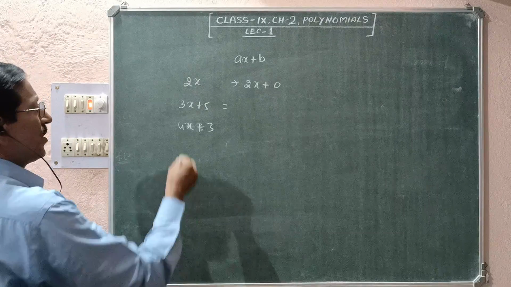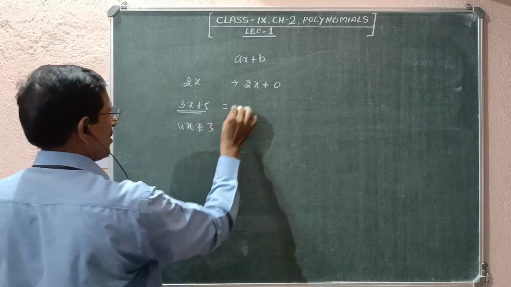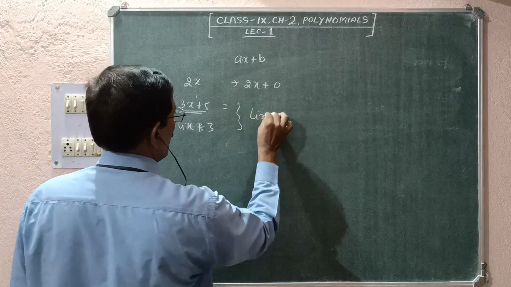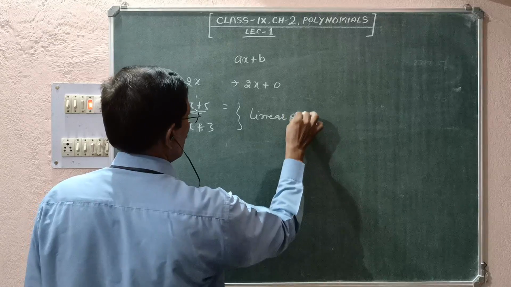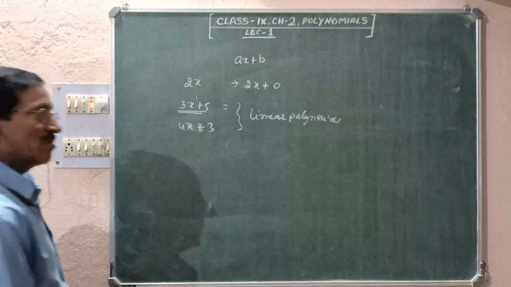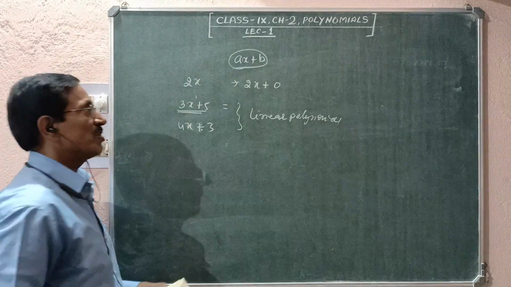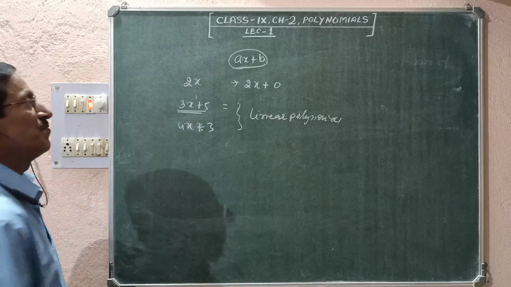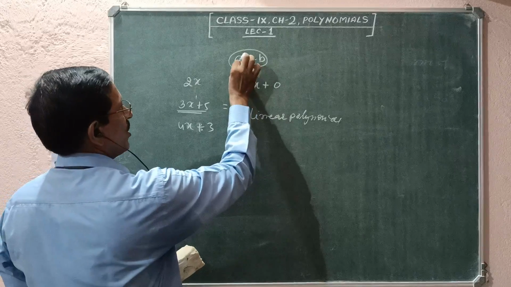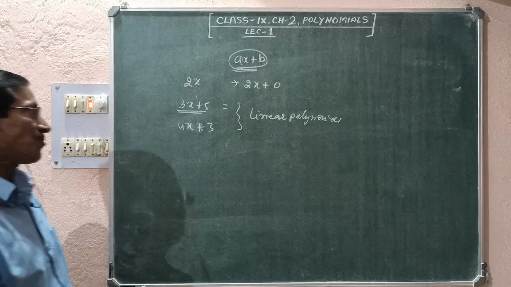The degree of this polynomial is 1. So it is known as a linear polynomial. All linear polynomials whose degree is 1 may be written in this form, ax plus b. A polynomial which is in the form of ax plus b is known as a linear polynomial.